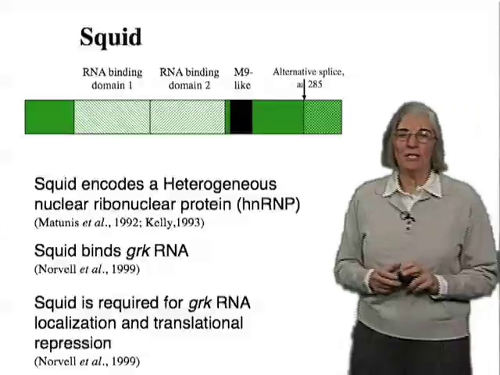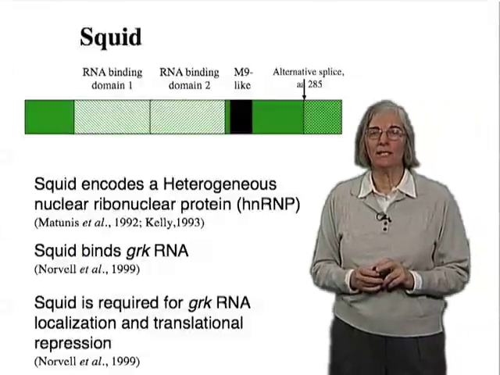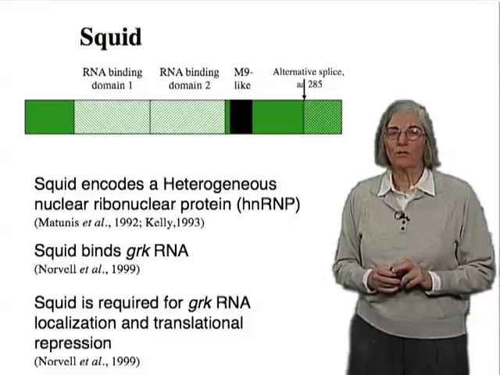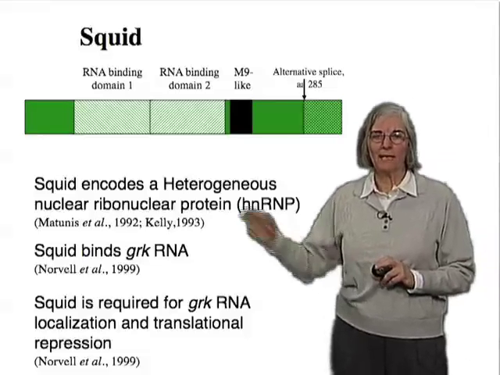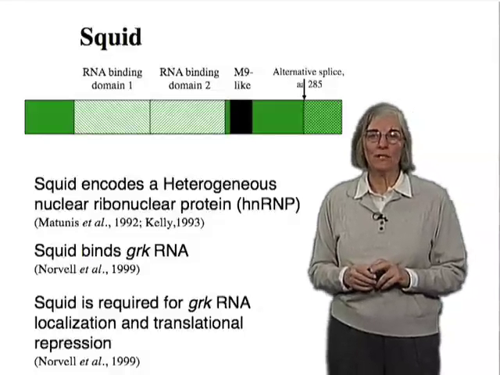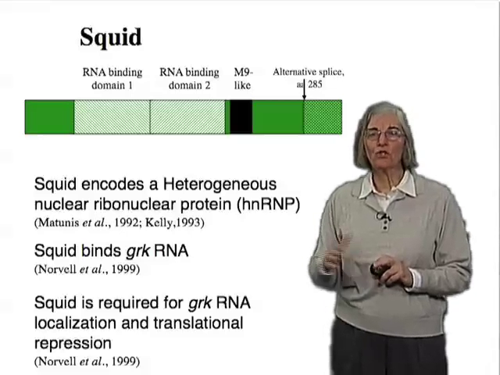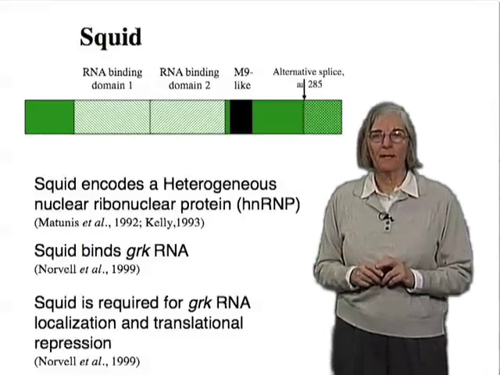The first gene in this class that we looked at in more detail is the gene Squid. Squid was originally cloned by 2 different laboratories simultaneously. It encodes a protein that can bind RNAs, and it can also shuttle in and out of nuclei.